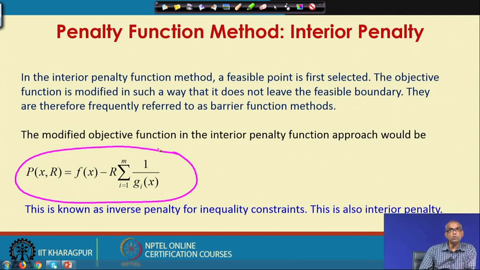So, if you have m number of constraints, you have to add up 1 by g i x summed over all i equal to 1 to m. So, this way you can formulate the penalty function method while using interior penalty term. Particularly here we have used inverse penalty term. Note that this is an interior penalty.